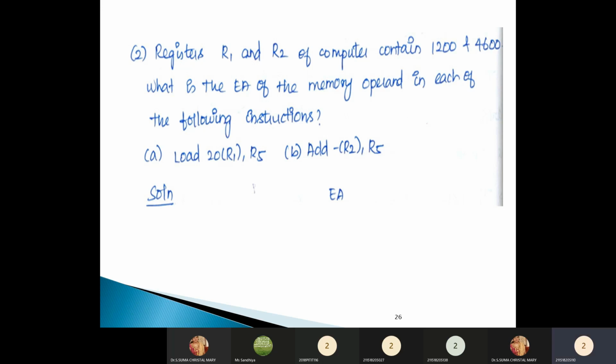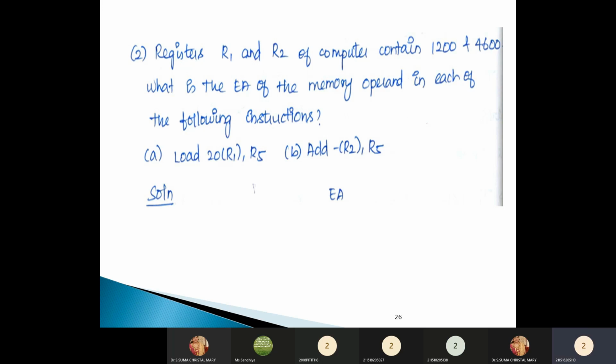Okay, let's see the answer for this. The first instruction is load 20 of R1 comma R5. So we are adding R1, which is 1200, to R5. As in the previous problem, 1200 plus 20 will be the effective address.